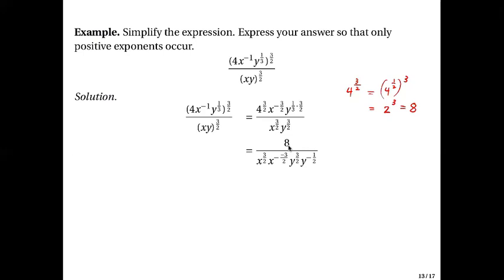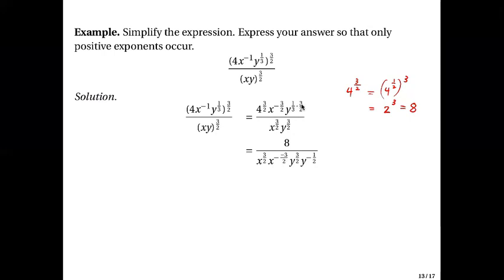Okay? On the other hand, you have a negative exponent for x in the numerator and a positive exponent for x in the denominator. So the negative exponent for x in the numerator, you bring to the denominator, and you will have to change the sign. So x raised to negative 3 halves from the numerator, we bring to the denominator, you have x raised to negative of negative 3 halves.